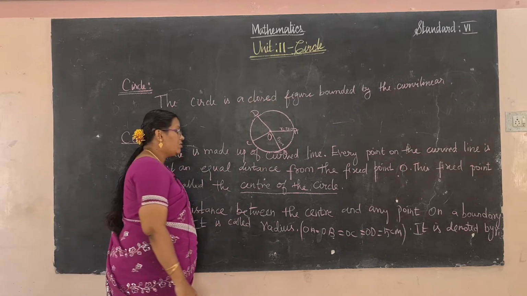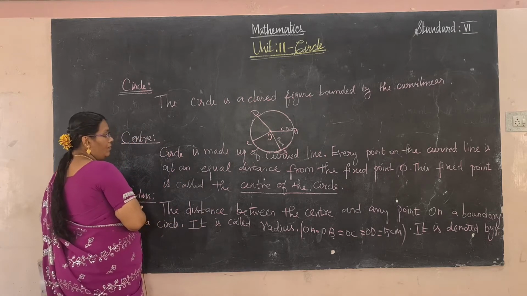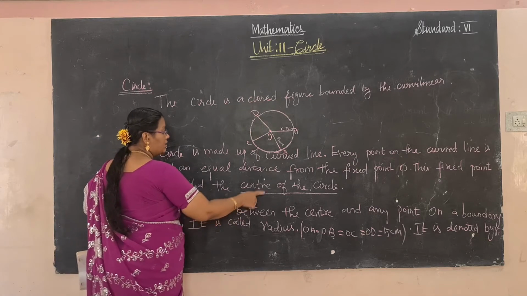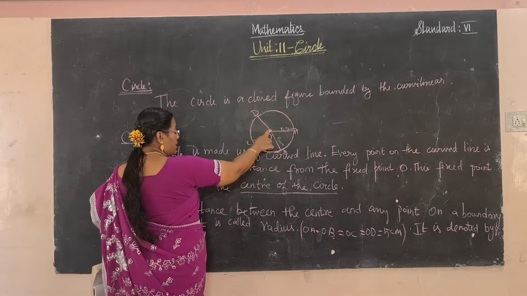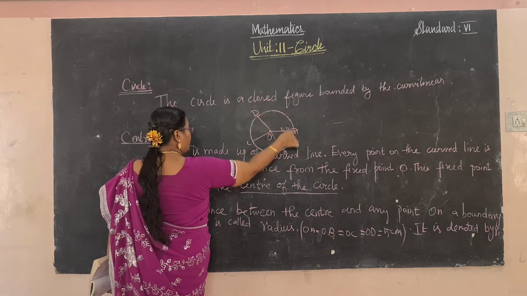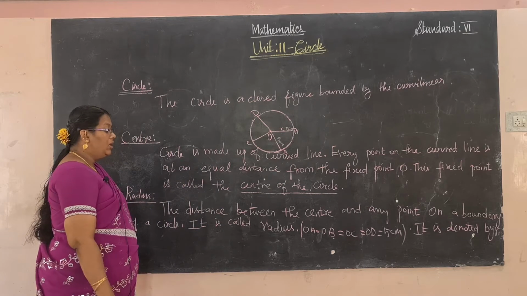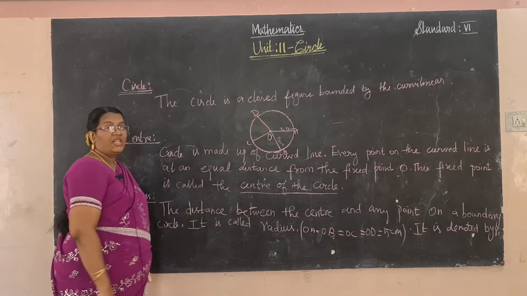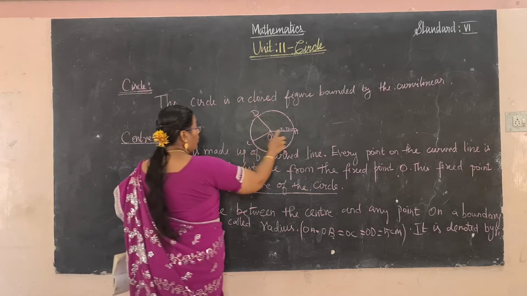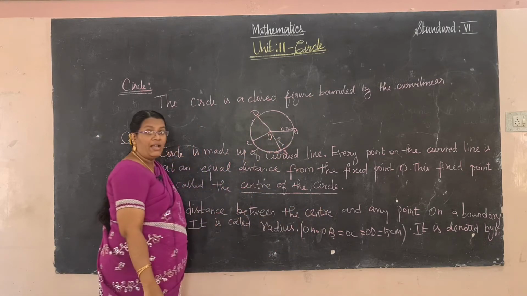Next, radius: the distance between the center and any point on the boundary of the circle is called the radius. From this diagram, OA, OB, OC, OD are equal to 5 centimeter.